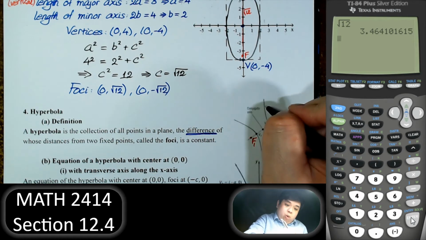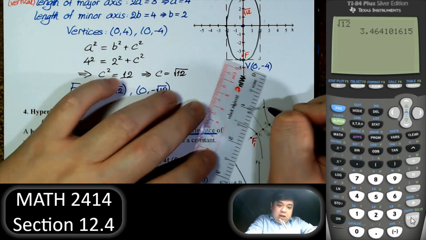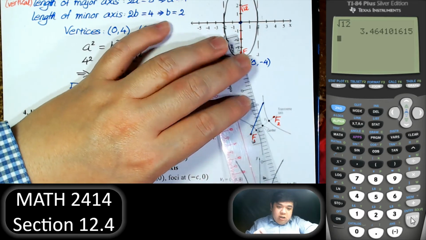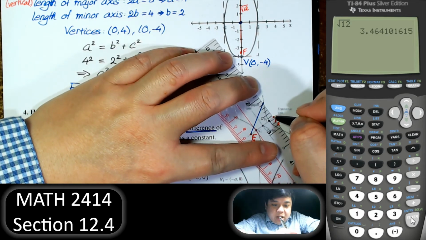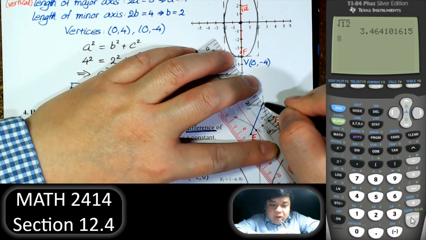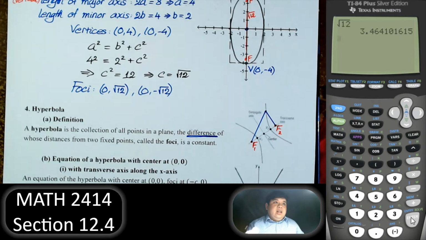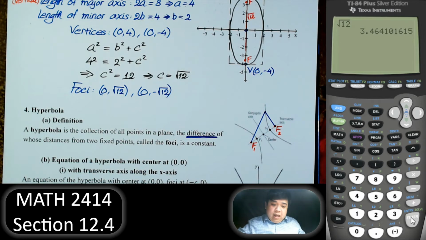So if we have a point, let's say this point here, the distance from that point to the first focus and to the second focus, if we subtract the two, it's always a constant. So take this one minus that, that's going to be constant. Same thing here.